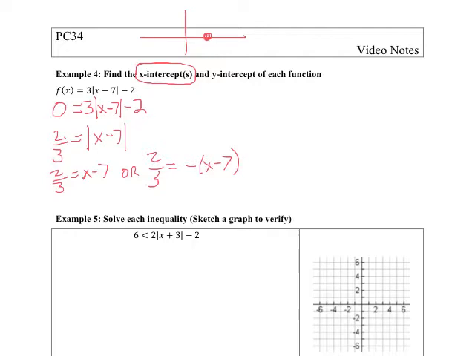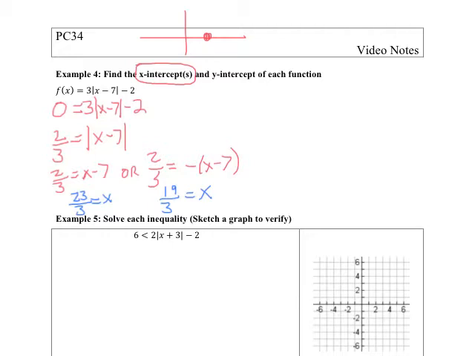Let's work them out. 2/3 plus 7, or you could say 21/3, so we get either 23/3 is equal to x, or we're going to have negative 2/3 plus 7 is going to be 19/3 is equal to x.